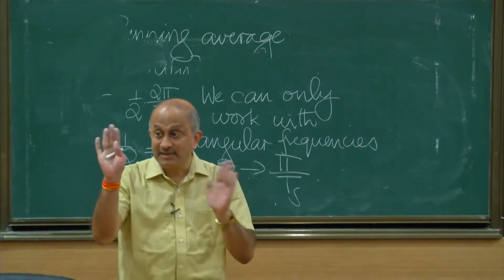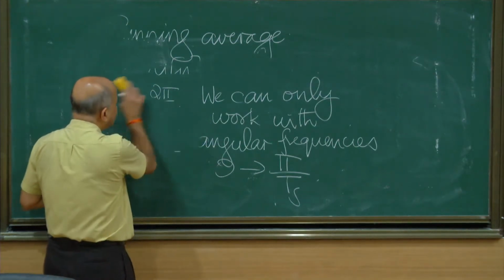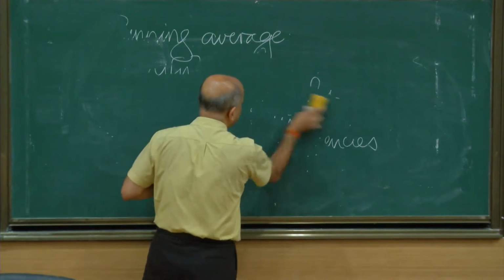Now think of it like this. Suppose you have a sampling rate of 40 kilohertz. What does it mean?